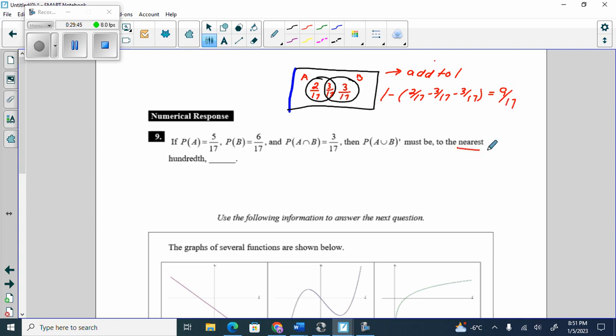Now I want the nearest hundredth. So I'm going to do 9 divided by 17, which is 0.53. It has to start with a 0 when you're doing numeric response because there is no decimal in the first box. It has a bubble, so you literally can't do that.